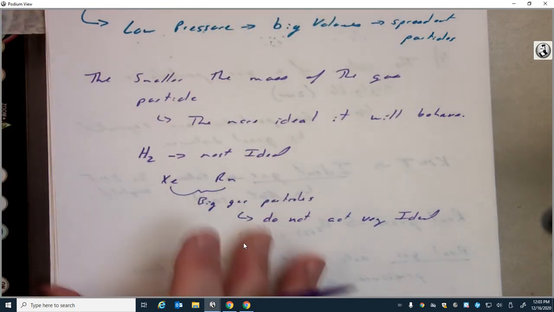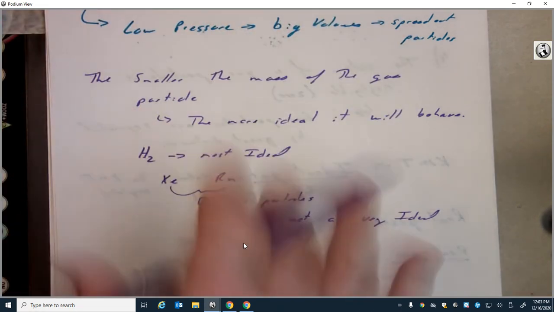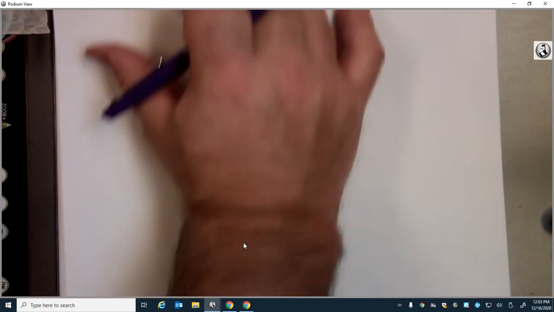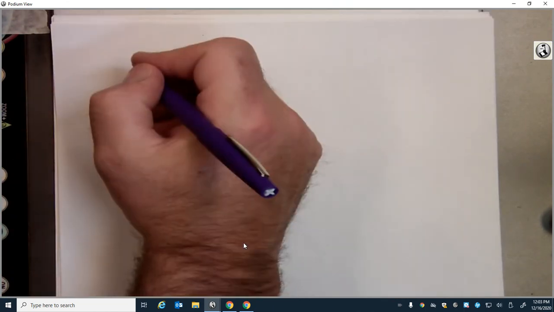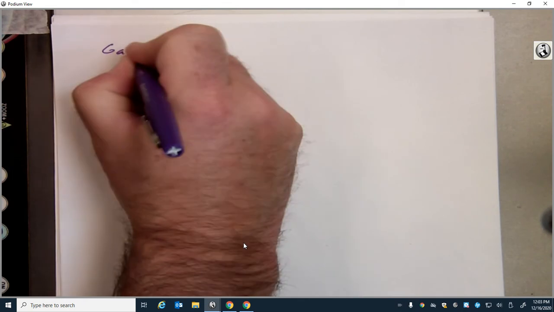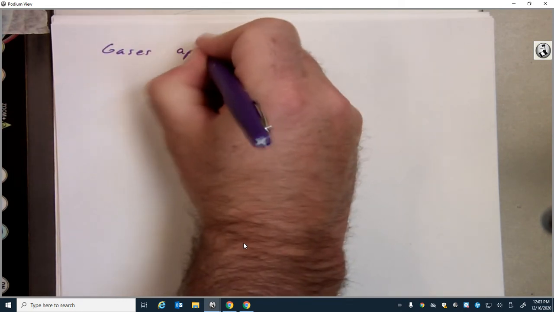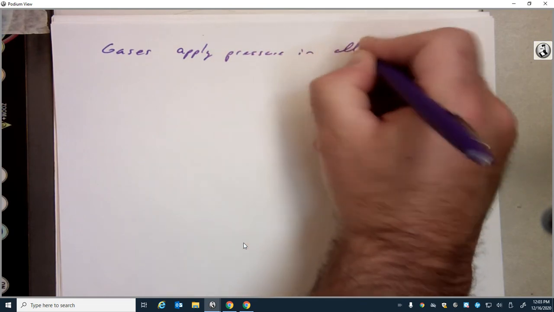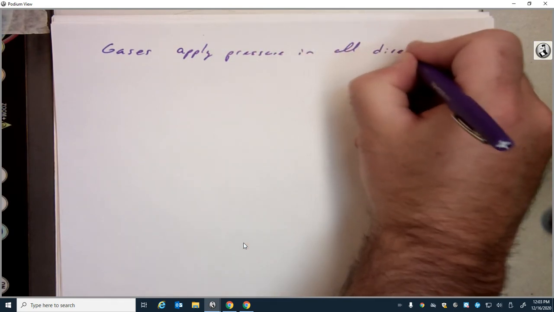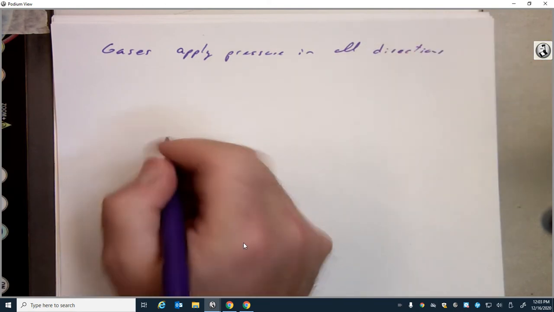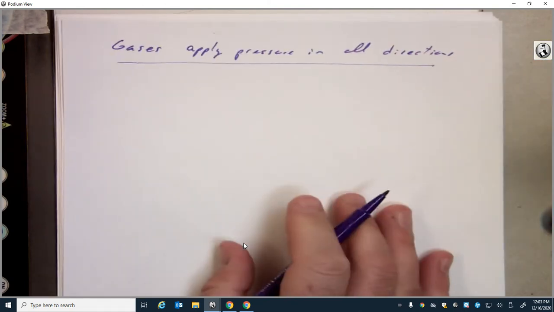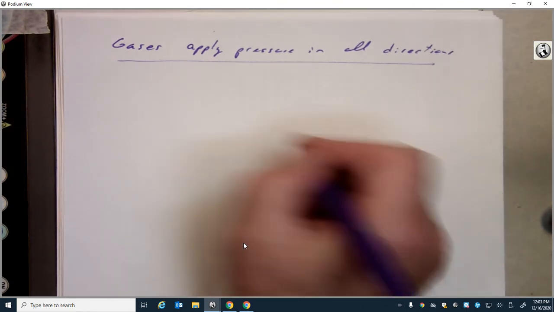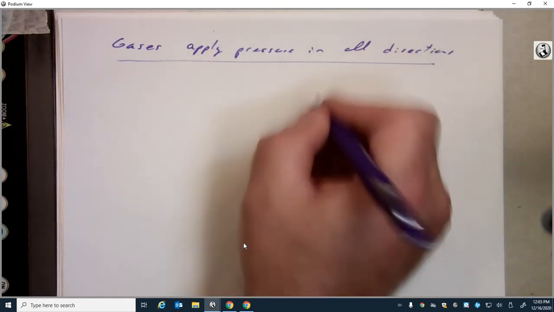All right, now we're going to be using a lot of this stuff as we explain some of these gas laws as we go through them. So let's just talk about a couple things. Gases apply pressure in all directions. Well, why is that?